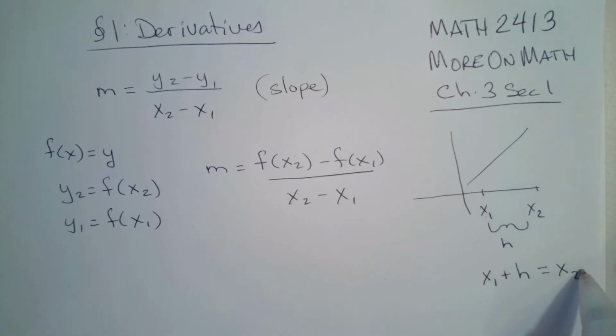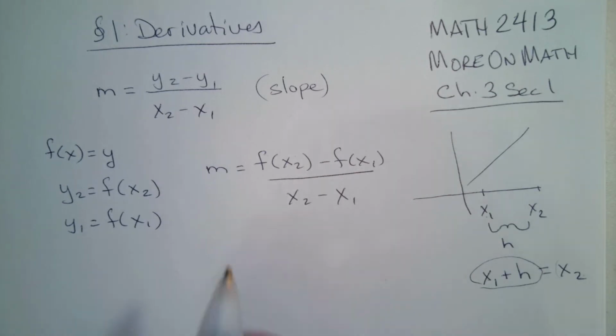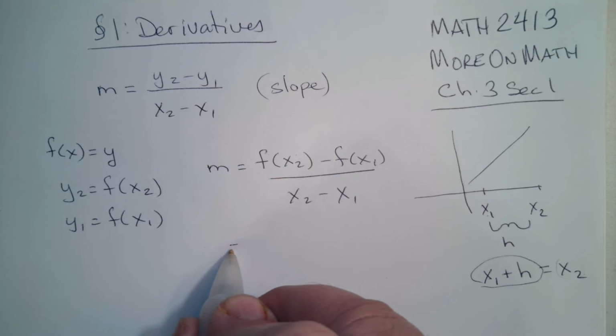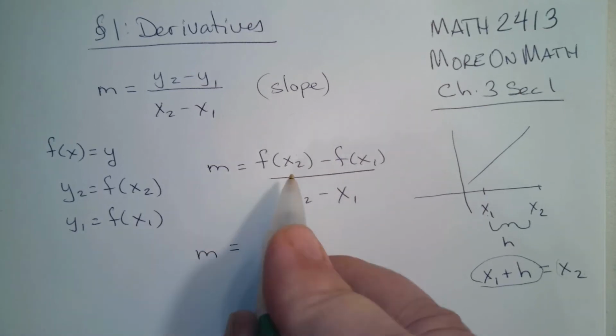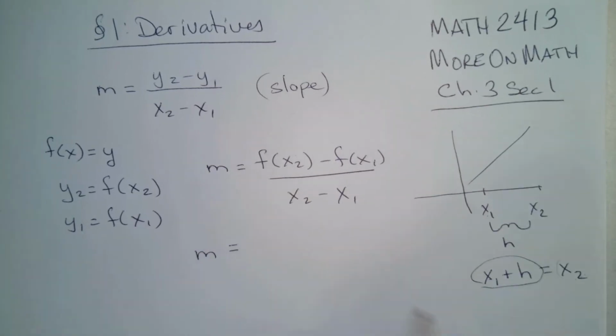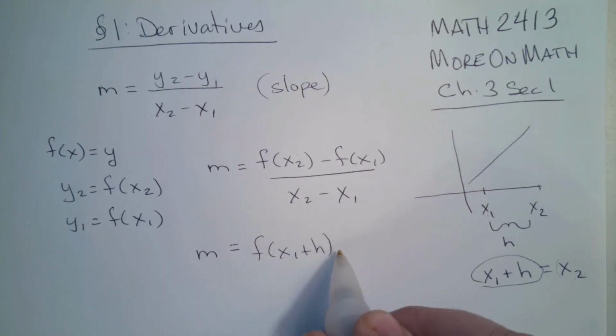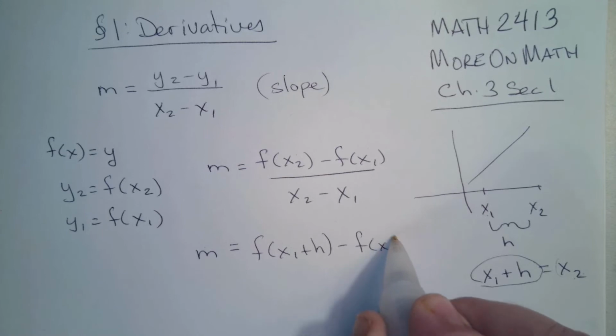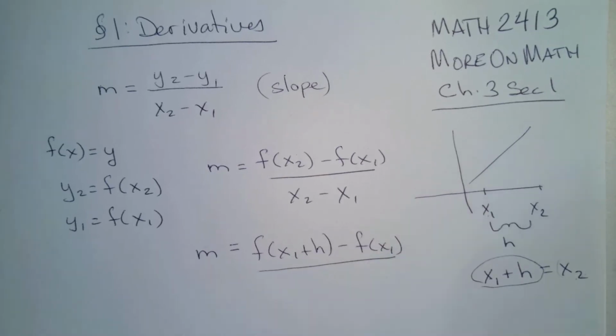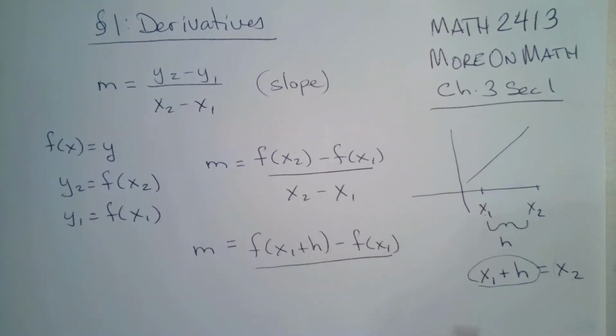So anywhere we see an x2, we can rewrite it as x1 plus h. So f of x2 is f of x1 plus h minus f of x1, and x2 is x1 plus h minus x1.